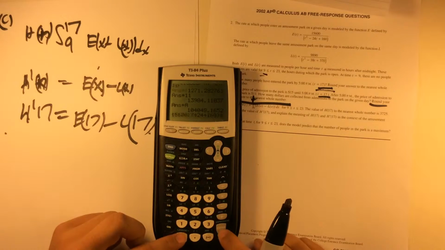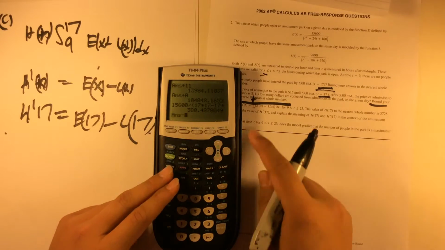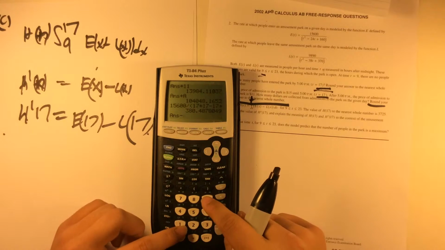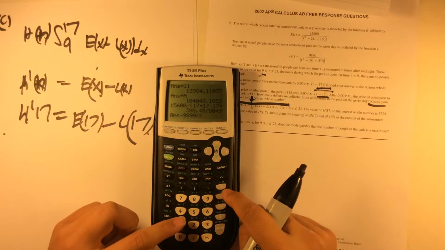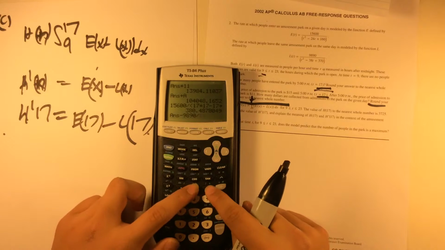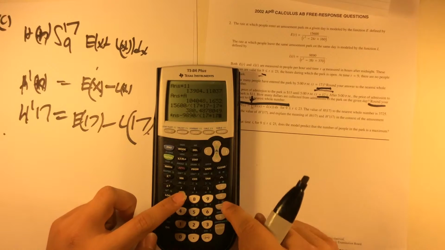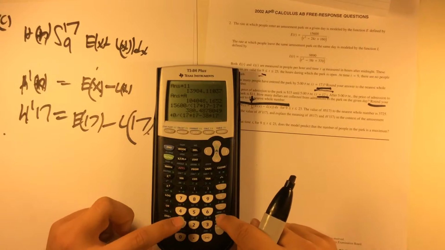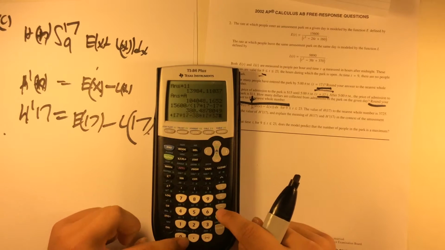Then you subtract L of 17, which is 9890 divided by 17 times 17 minus 38 times 17 plus 370.